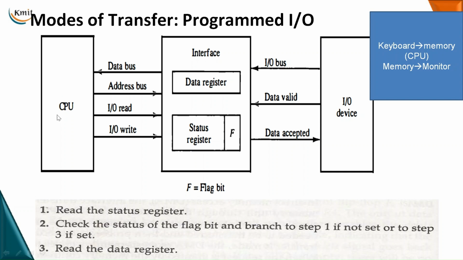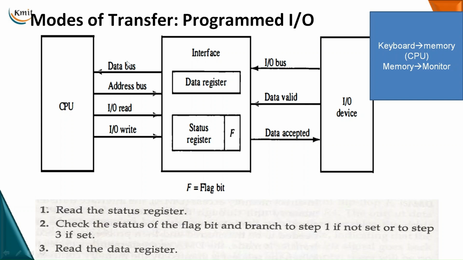The CPU keeps on checking the flag bit of the corresponding interface unit to check if there is any information that has to be copied into the memory unit of the computer. Whenever the CPU identifies this flag bit is set to 1, then it will enable the IO read line so that the information will be copied from the data register into the corresponding memory unit of the computer through the data bus.